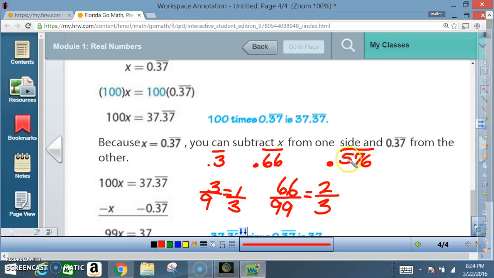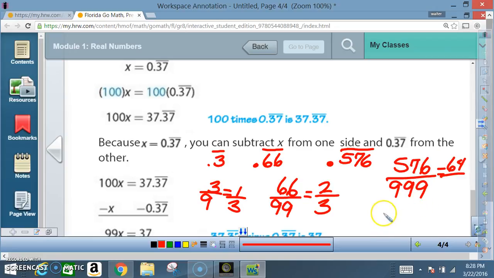Here, I got 3 spaces that are being repeated. So I'm going to write 576 over 999. Now I'm going to take 576 and 999, and reduce that by using 9. 576 divided by 9 will give me 64.